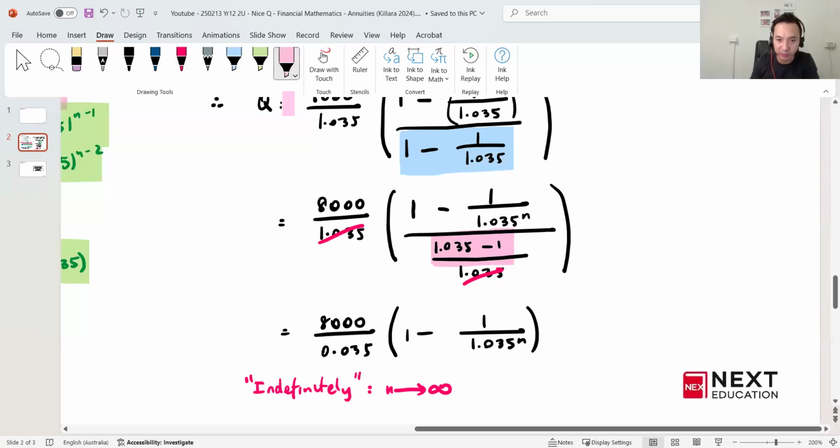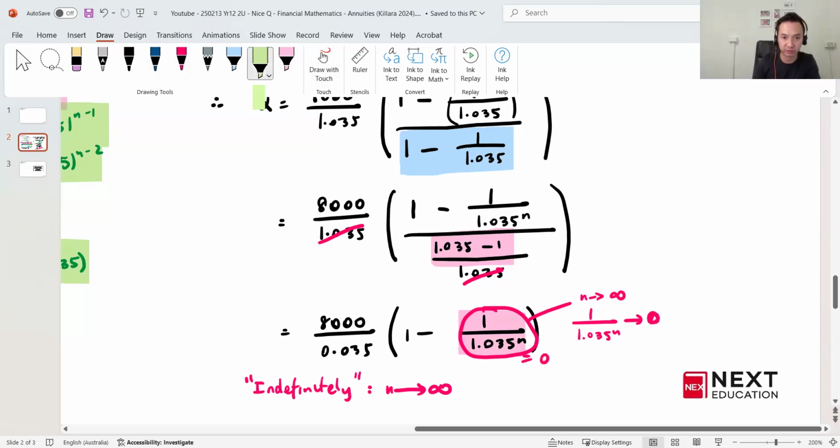Because in this expression, as N goes to infinity, any fraction that has a number downstairs that's bigger than 1 with a power of N, the bottom will go to infinity. 1 divided by infinity goes to 0. So this whole thing goes to 0. So what's left? This is left. 1 times this is left.